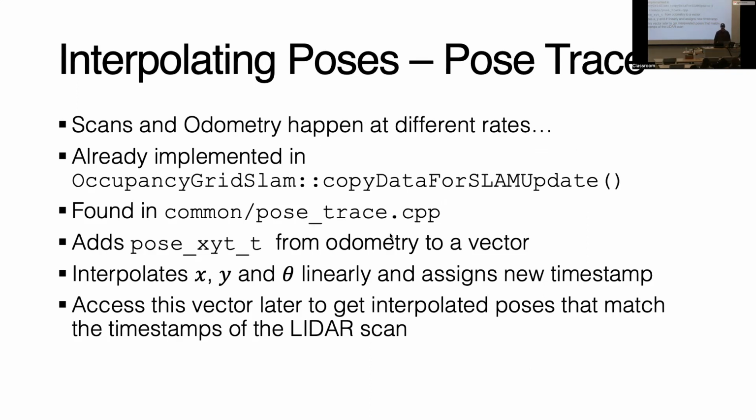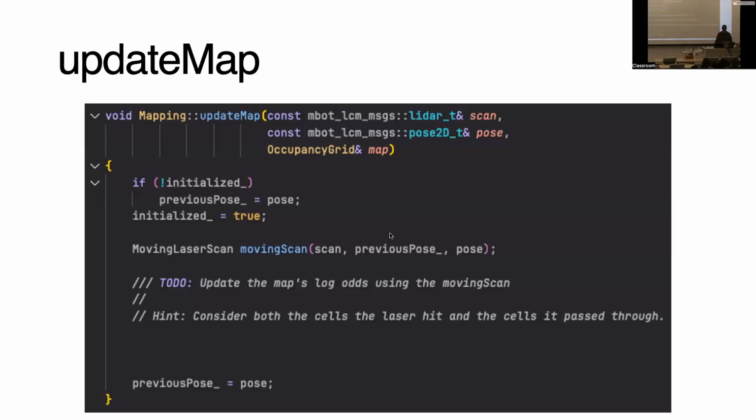If we go back and look at moving laser scan, we pass it a scan, the previous pose, which is the last time we ran this map update, and our new pose. We're assuming that the scan started when we were at the previous pose and ended when we were at the current pose.